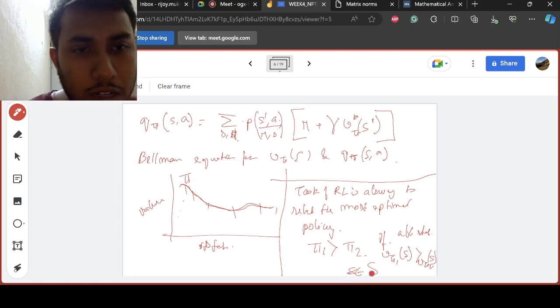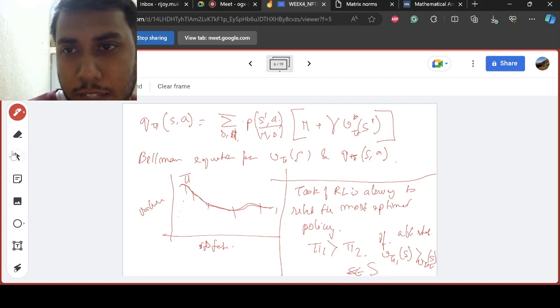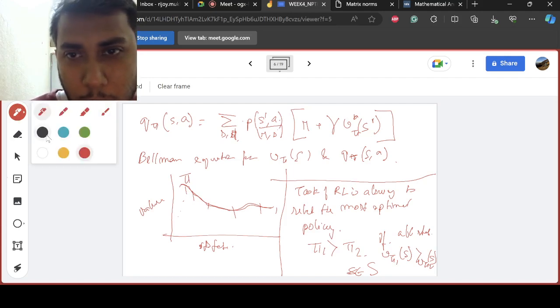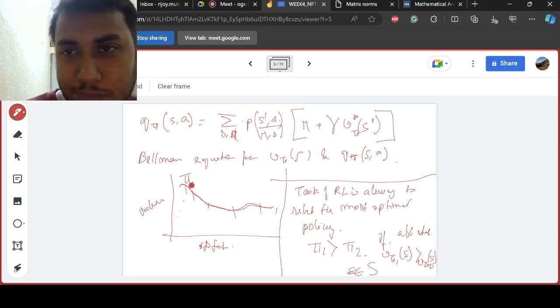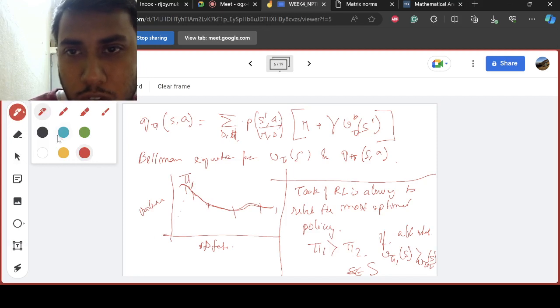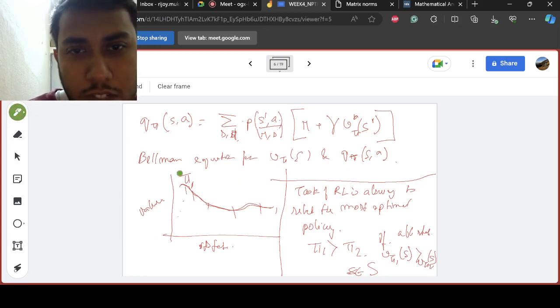So if there is a graph like this, suppose this is your pi 1. Now let's say another curve exists like this.